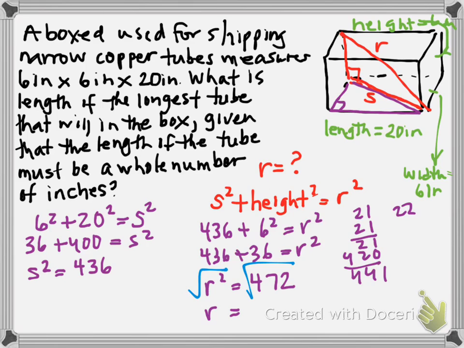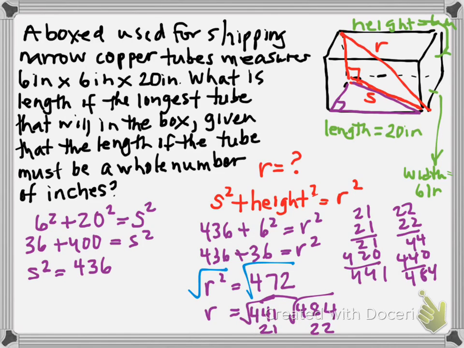All right, what's 22 squared? I get 484. Bingo. Just in that, I come up with my two choices. Okay? So I have 441, 484. And now I have to take the square root of each of those. So one's 21 and the other is 22.